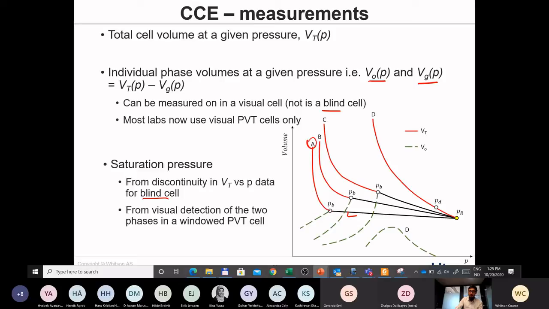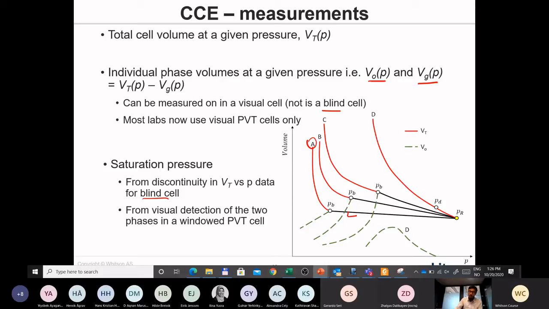And here you can accurately measure and calculate the bubble point from the discontinuity on this curve, the total volume versus pressure. So if you use the blind cell and it's a low shrinkage oil, you can get the bubble point with good accuracy.